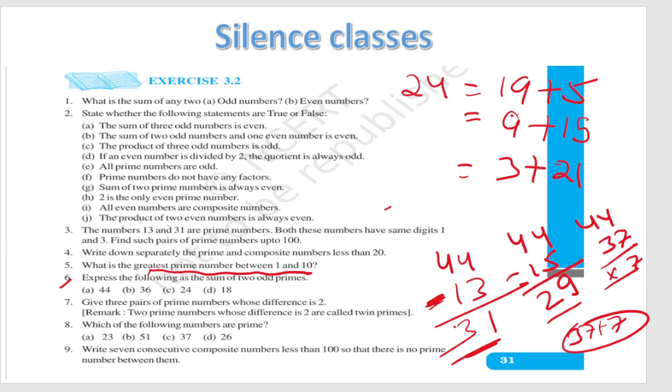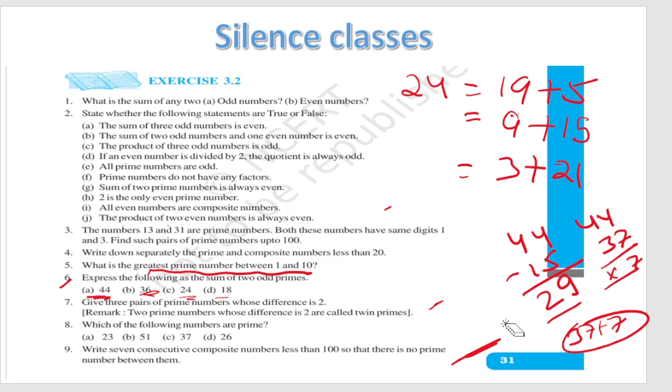It means if I subtract any odd number from the given number, and the number should be even, see, all the numbers are even, I will get an odd number by which we can add and get that particular number.